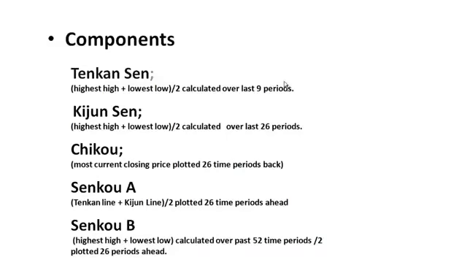Senkou A is Tenkan-sen and Kijun-sen divided by 2, which is plotted 26 periods into the future, which is very important to understand, and I'll point that out in the chart. Senkou span B, highest high, lowest low calculated over the past 52 periods, divided by 2, and then that's plotted 26 periods into the future.